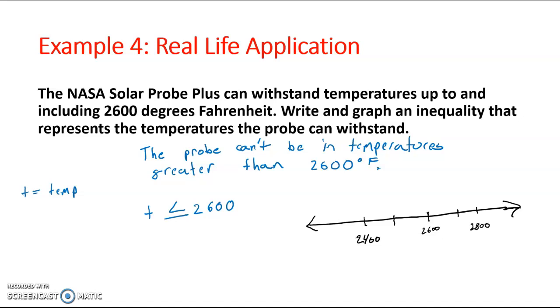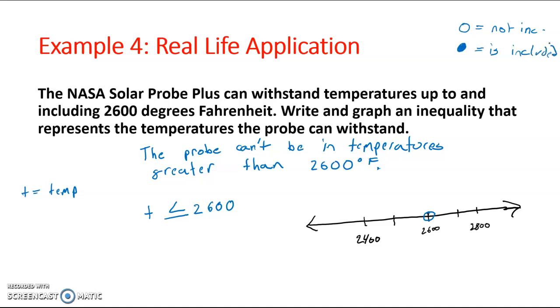All right. So I'm going to go ahead and plot my circle, and I'm going to use a different color at 2,600 degrees. So if you remember, open means the value is not included, and closed means the number is included.